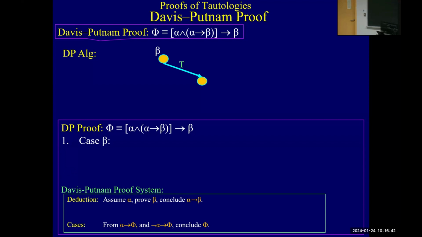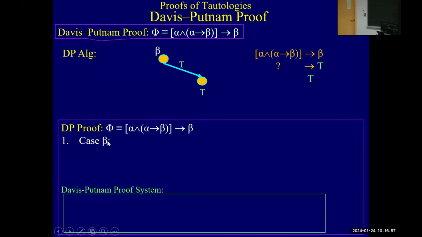Well, here we don't need the or because we have for free that alpha or not alpha is true, right? All right, so our first case is that beta is true, and when we know beta is true, we can plug in beta, and we get that if the right-hand side is true, it's automatically true, right?